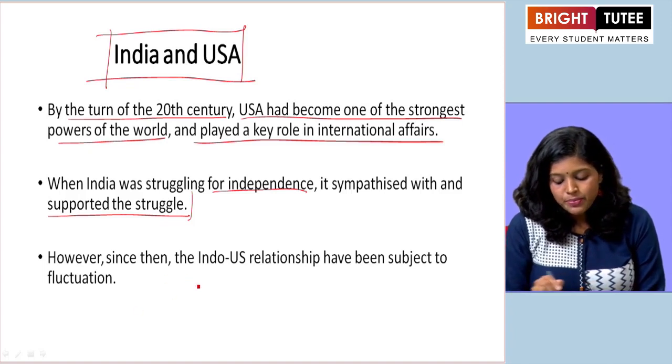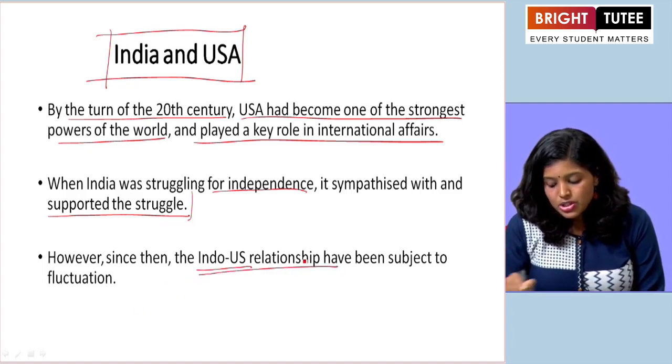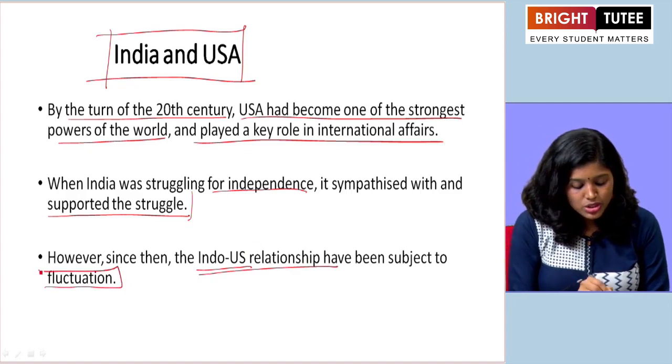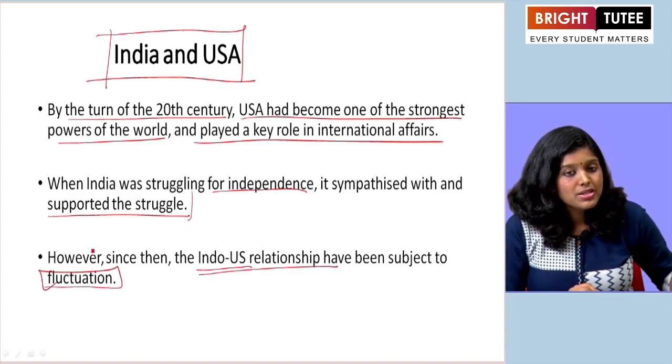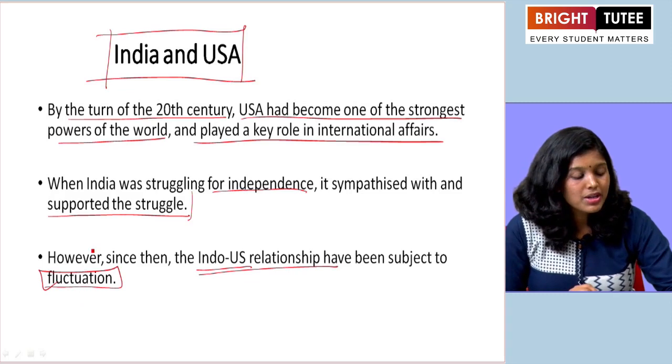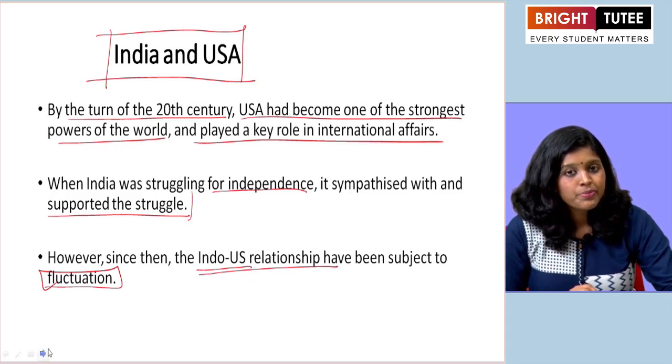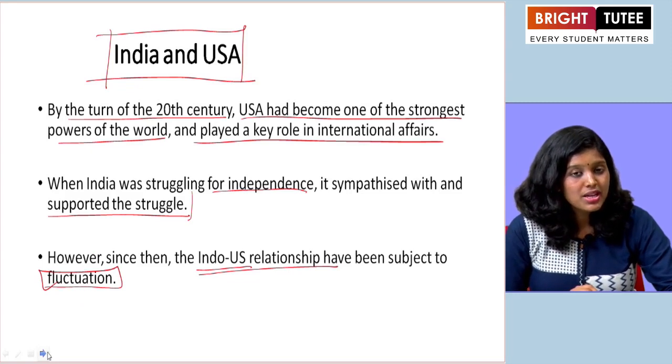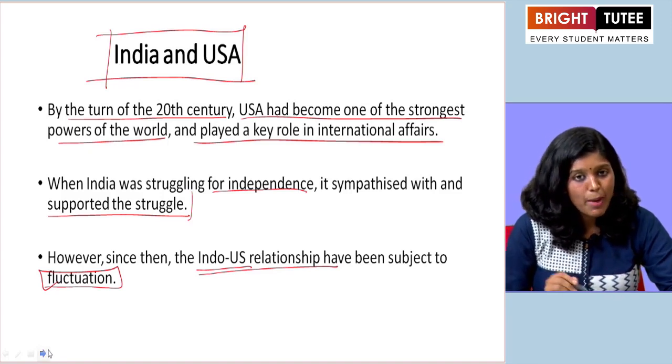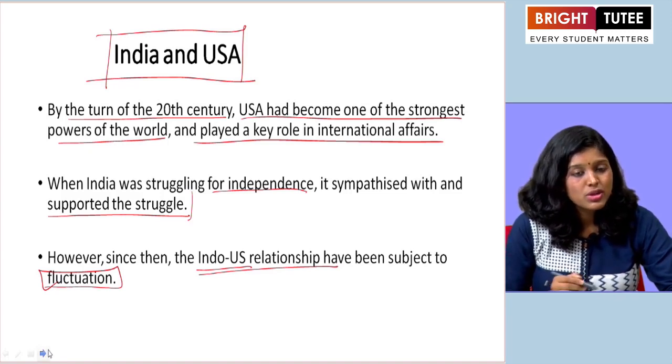However, since then, Indo-US relations have been subject to fluctuation. In the time period after independence, the relations between India and the USA have fluctuated a lot. Many things have happened between India and the USA in this time period.